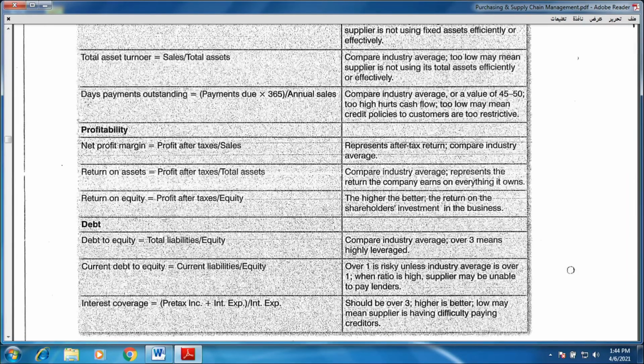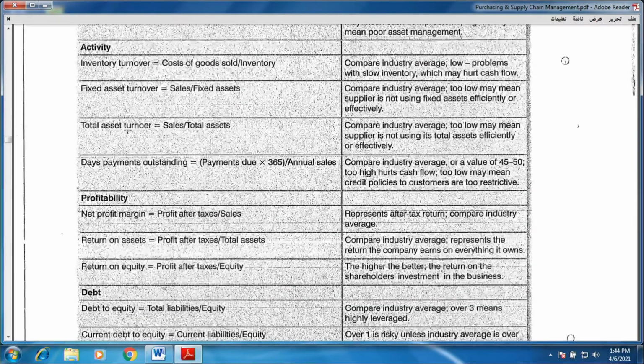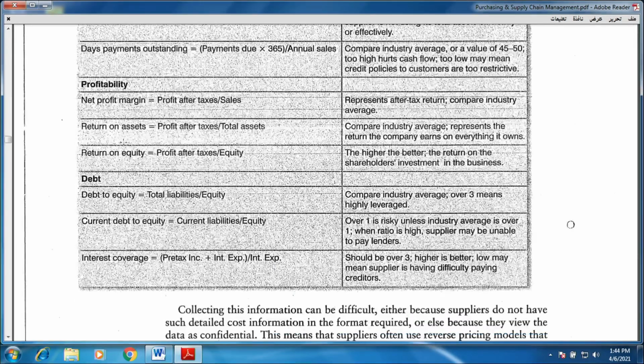The activity ratios talk about the organization's ability to generate money from its assets, whether fixed assets, total assets, current assets, inventory, or sales. So it tells about the abilities of the organization. The third group of financial ratios talks about profitability.